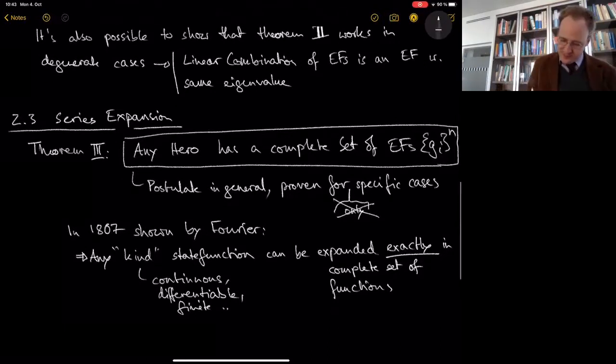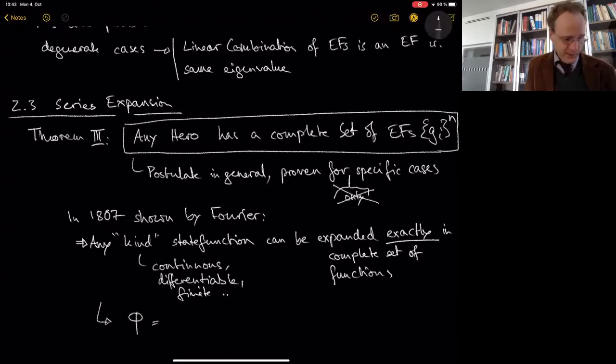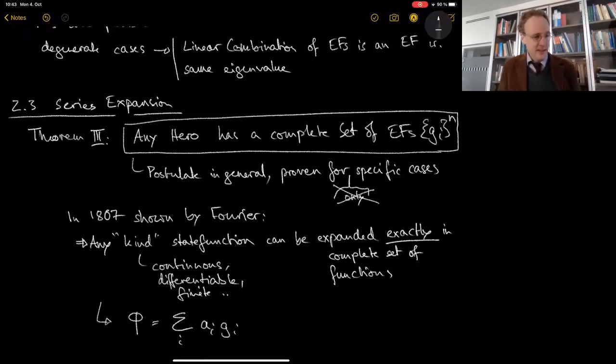So let me write this still in math symbols. So any function, let's say psi, can be written as a sum over these eigenfunctions we have here, and some coefficients. Okay.